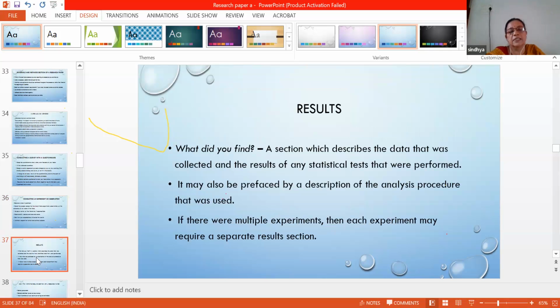That is the result section. It is a description of the analysis procedures that were used. If you are comparing two groups using a differential analysis, you can mention those statistical procedures and explain the result. If there are multiple experiments, each experiment requires a separate result section.